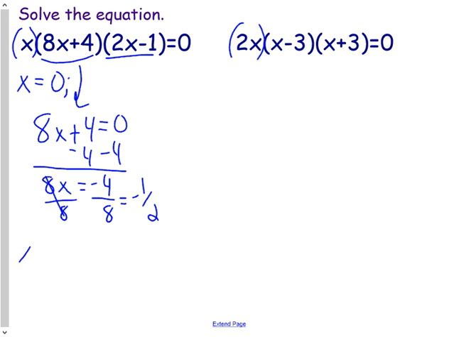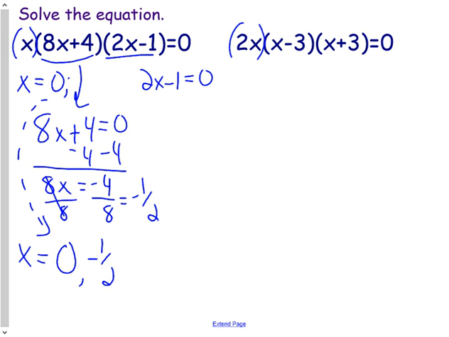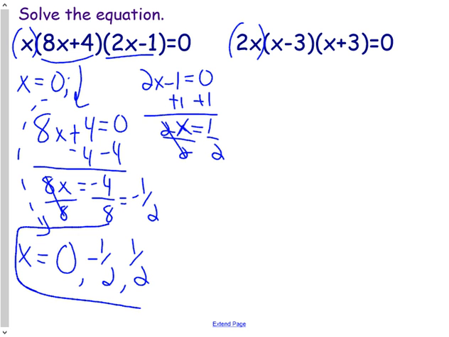And so far I've got x equals 0, minus half, right? This 0 came down, by the way, that was actually an answer. And then 2x minus 1 equals 0, plus 1 to both sides, 2x equals 1, divide by 2, x equals positive half. And so our answers are 0, negative half, and positive half for this.